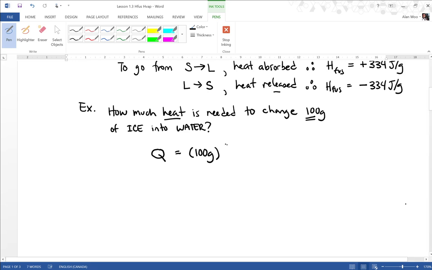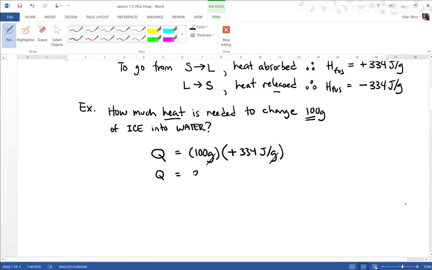Because we're going from a solid to a liquid, you have to absorb heat, so we're going to use positive 334 joules per gram as our H fusion. You'll notice that grams will cancel out, and what you're left with is just the unit for joules.